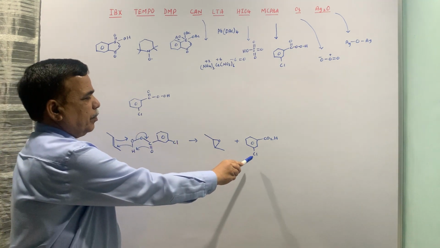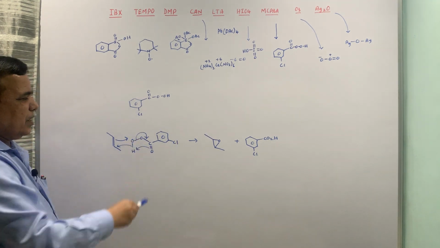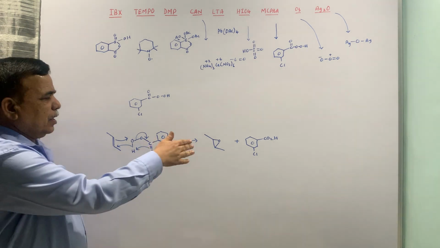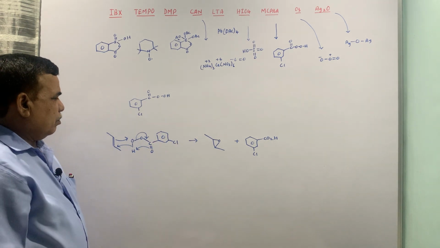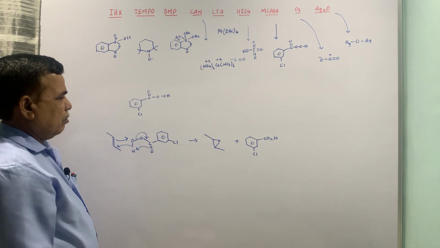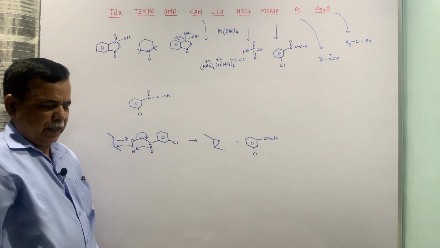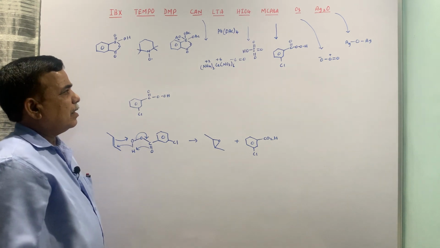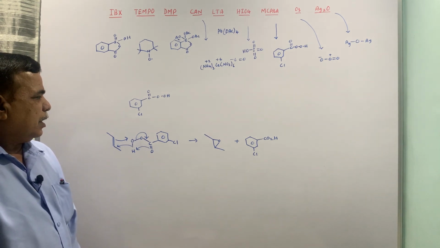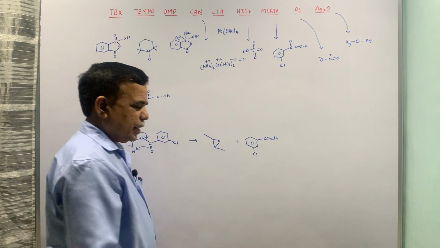This can be treated with H2O2, and once again you can get this, or you can use trifluoroperacetic acid instead of this. These two are very popular reagents in epoxidation, MCPBA and trifluoroperacetic acid.